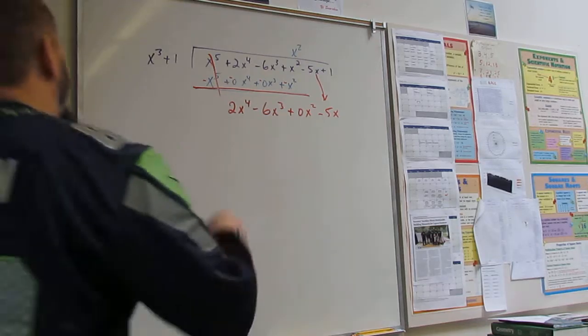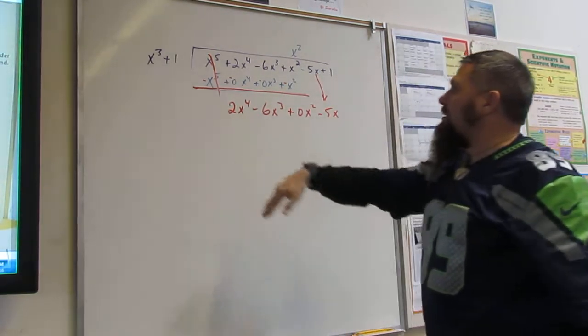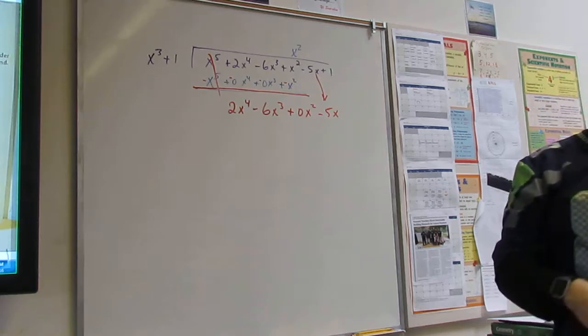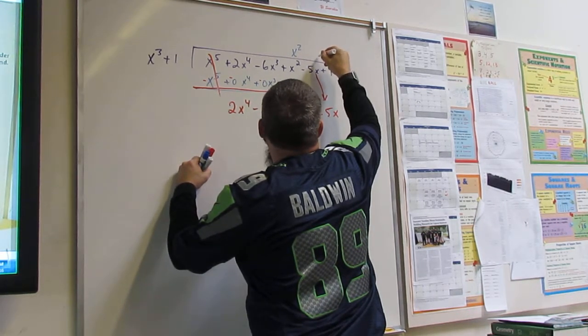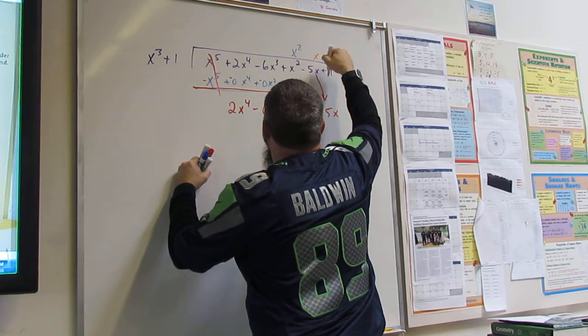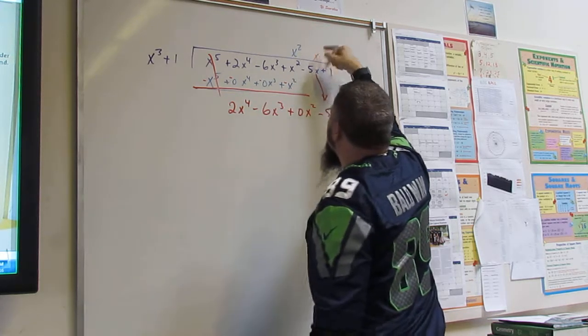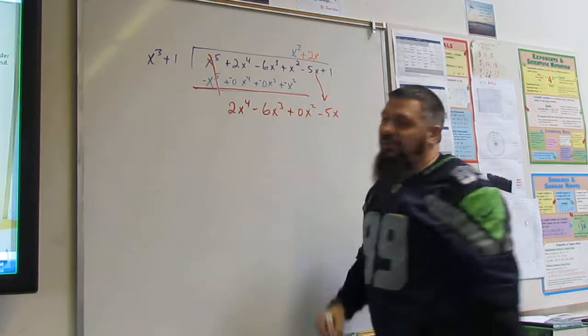How do I get rid of this first one? What do I multiply x cubed by? By x. By 2x. So positive 2x.